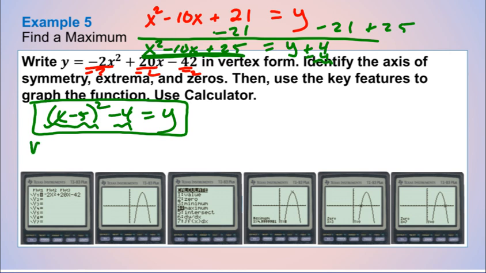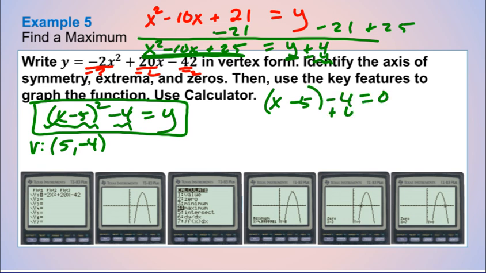So my vertex is now 5, -4. My x-intercepts, my zeros. So I'm going to go back to where I have this y here. That's going to be a 0. So right now, instead of this y in vertex form, I have x minus 5 squared minus 4 equaling 0.